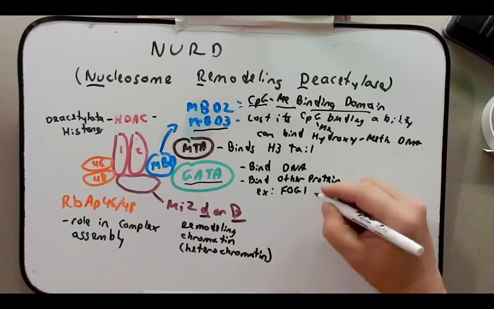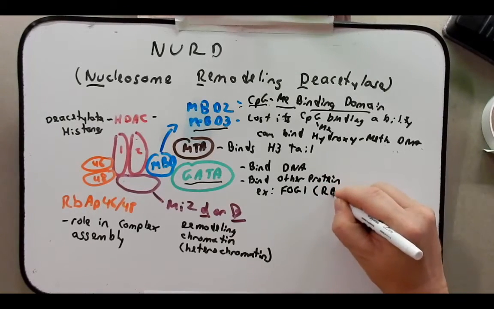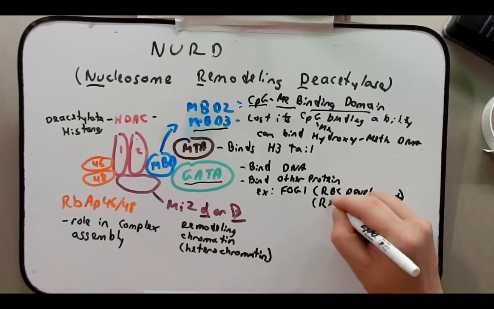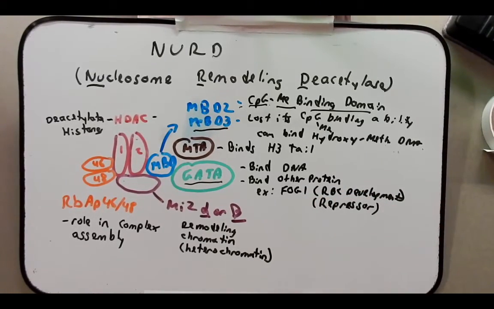FOG1 plays a role in red blood cell development. And FOG1 is a repressor. So you can see here, by looking at this large complex, that we're bringing in this domain that can bind DNA. It brings in a repressor, sometimes FOG1, sometimes other repressors.